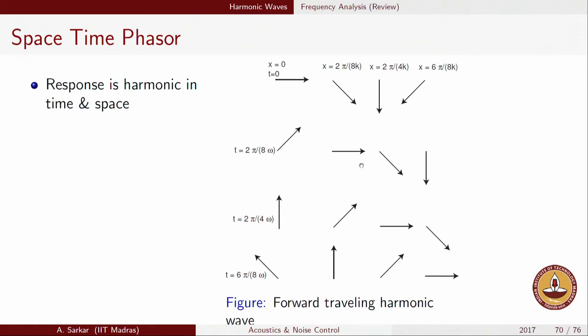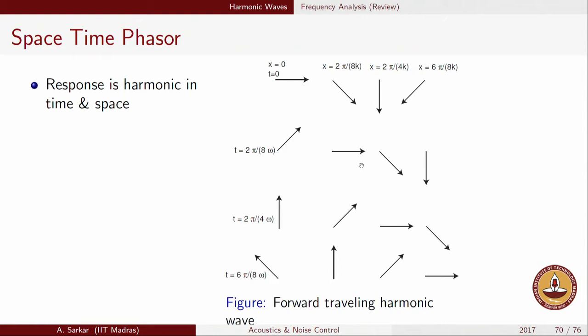This is true not only for x equals 0, but for any arbitrary x that you take. The only difference between the time direction and the space direction for a forward travelling wave is that these two phasors rotate in the opposite sense, and that can be understood from this equation also, because the sign associated with the spatial coefficient is flipped.